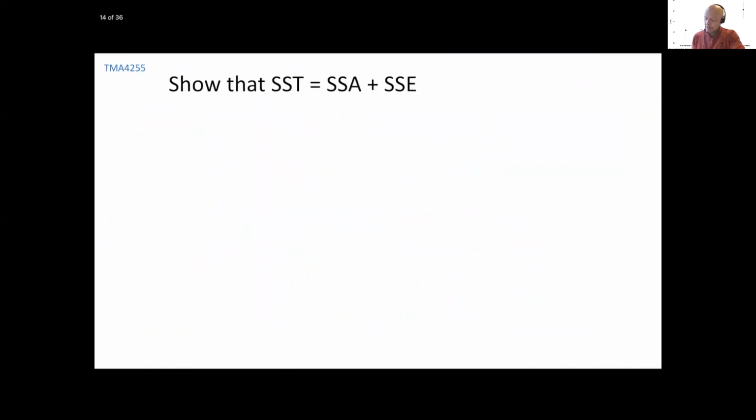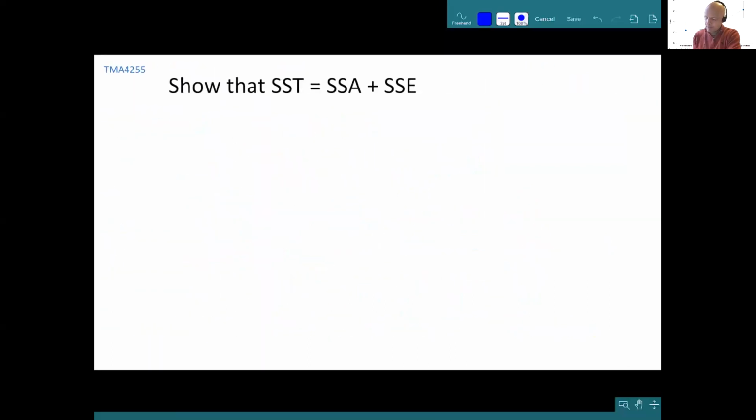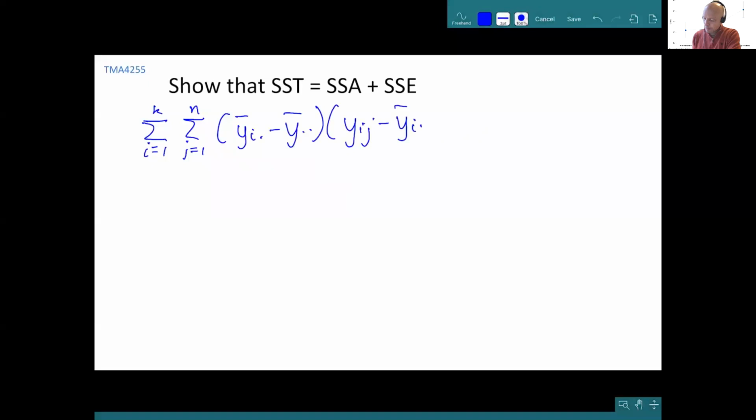Let's do that as well. We had the sum over i from 1 to k, sum over j from 1 to n, and here we had this one, y_ij minus y bar i dot.